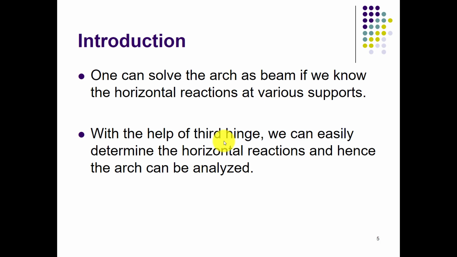But in the case of an arch, we have a horizontal reaction regardless of whether any horizontal force is applied or not. The horizontal reaction is always generated. So with the help of a three-hinge arch, we can easily determine the horizontal reaction and calculate the horizontal thrust on the arch.